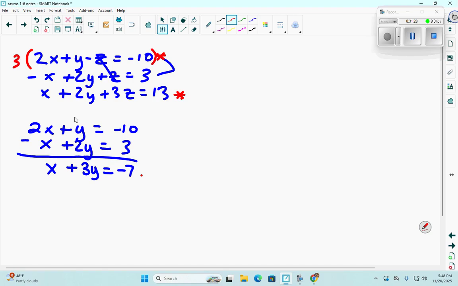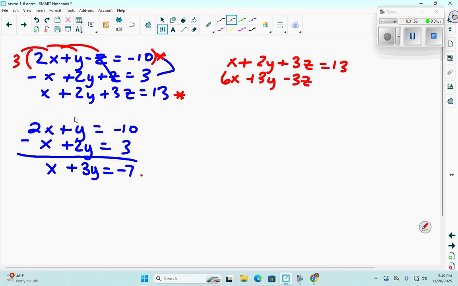Okay, and I'm going to write this off to the side so that you can see this. Okay, so this is that bottom one, the third equation, x plus 2y plus 3z equals 13. Okay, and I rewrote the first equation by multiplying it by 3. So if I distribute it to all of these things, then I'm now going to have 6x plus 3y minus 3z equals negative 30.